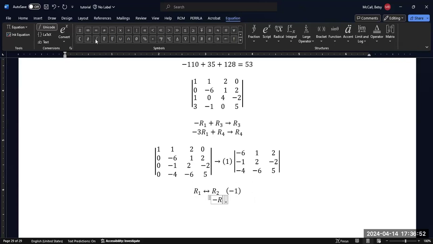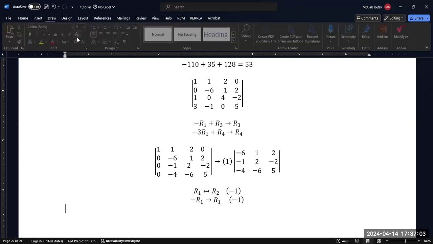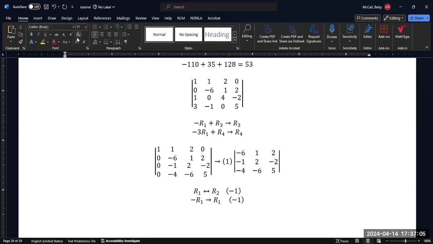But then I'm going to take my new row 1 and multiply by -1, and multiplying any row by a number is also going to multiply the determinant. And so the two negative signs will cancel out.